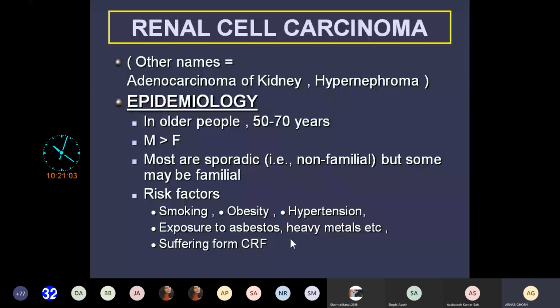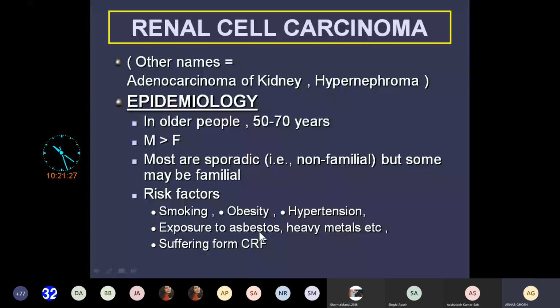And under risk factors, these are important. Smoking, this you have to remember, okay? Smoking, obesity, hypertension, exposure to asbestos and heavy metals, and suffering from chronic renal failure for a long period of time. So these may lead to renal cell carcinoma.